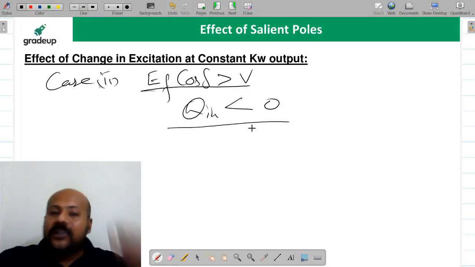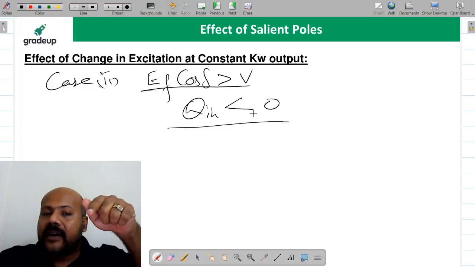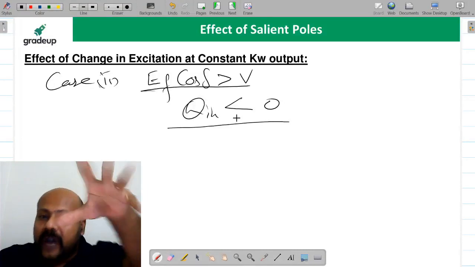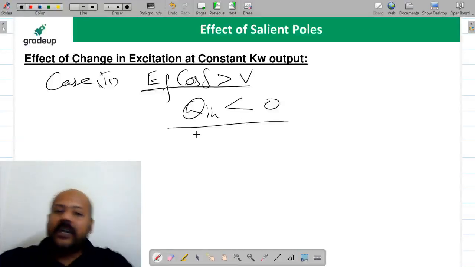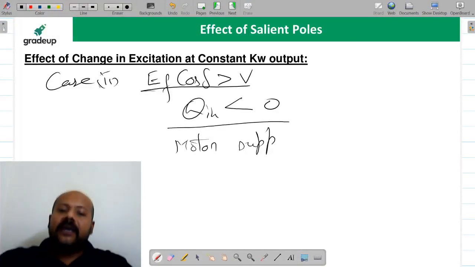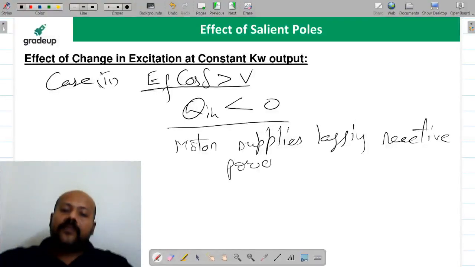When Q in is going to be negative for a motor, then your motor is not going to consume that power. Actually, your motor is going to supply that much reactive power. So beta, your motor supplies lagging reactive power, and this beta we call as overexcited condition.